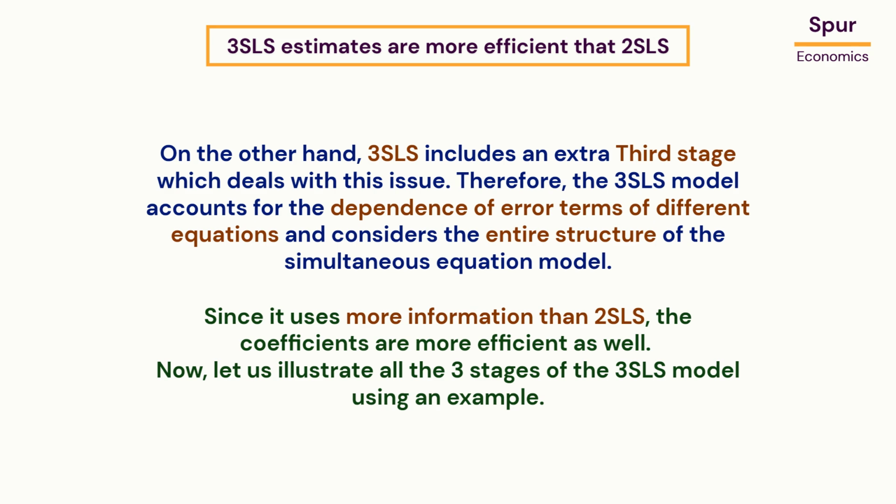Therefore, the 3SLS model accounts for the dependence of error terms of different equations and considers the entire structure of the simultaneous equation model. Since it uses more information than 2SLS, the coefficients are more efficient as well. Now, let us illustrate all the three stages of the 3SLS model using an example.